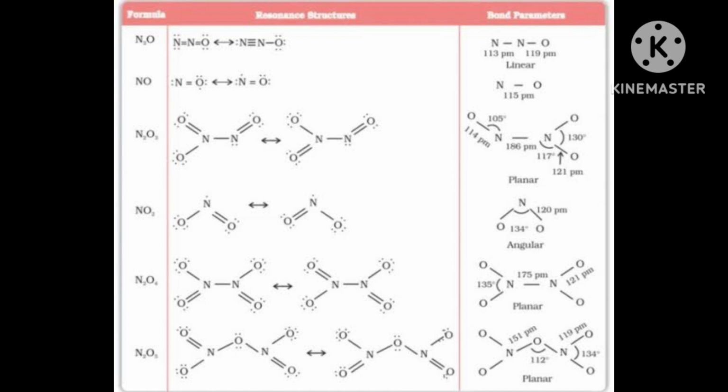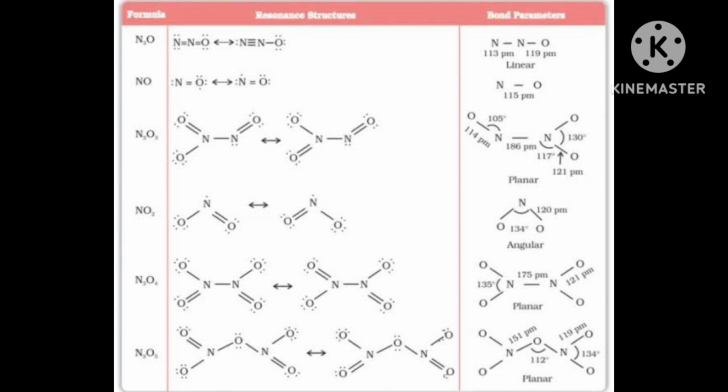Just like these, for N2O3 I told you it is planar. Planar structure means one plane, just like a paper, one sheet is in one plane. If it goes up, then it will be called angular. NO2 is called angular. Okay, an angle will be there.